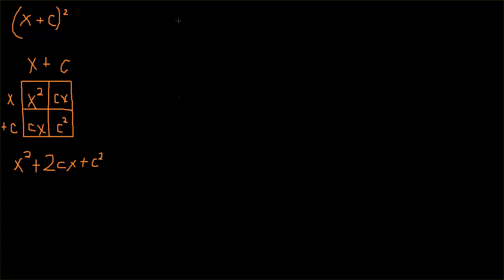So we're going to start with this first example. And we have x squared plus 10x minus 24, and that's going to equal 0. So the first thing we need to take care of is that we only want the variables on the left-hand side.